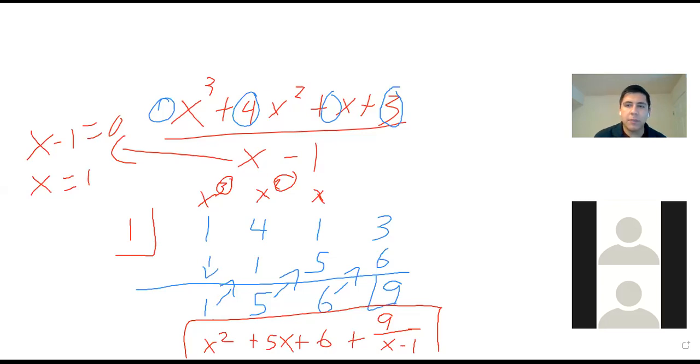And usually we should get rid of this last number, but since we have a remainder, we still have to put it there as plus 9 over x minus 1. So that wouldn't be there if it was equal to 0? Right, it just goes away, and then we'd be left with x squared plus 5x plus 6.